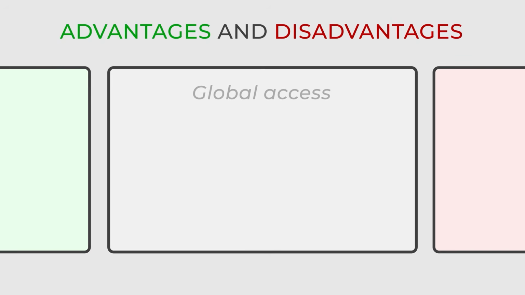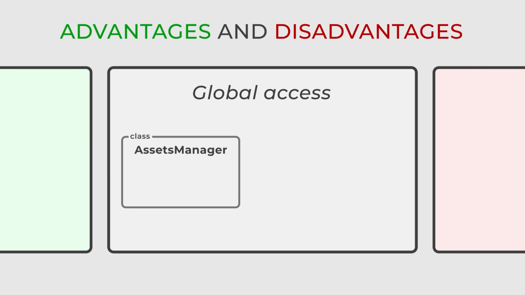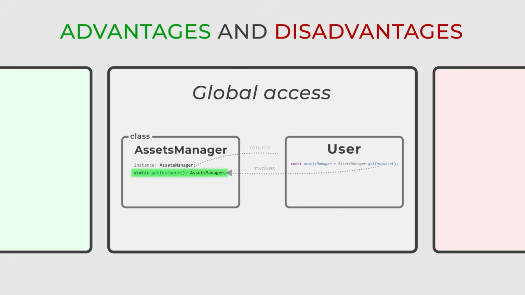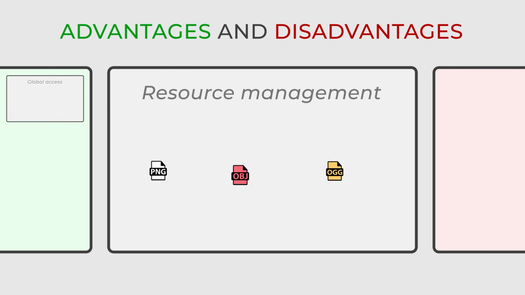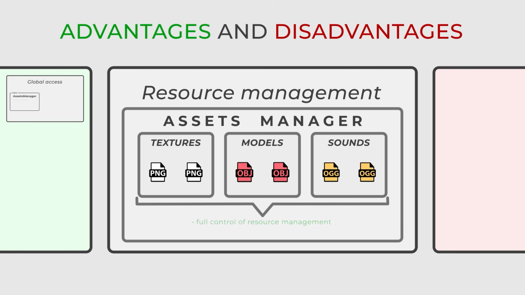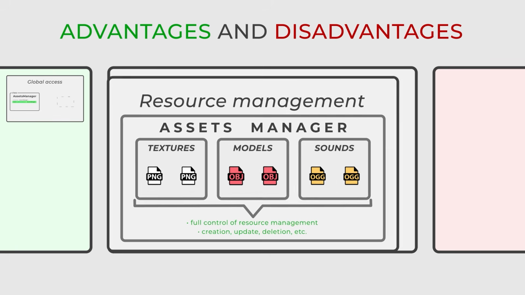The Singleton design pattern offers several advantages. One of the key benefits of the Singleton pattern is providing a single, well-defined access point to an instance, ensuring global access and making it easy to manage and use throughout the application. This design pattern also excels in resource management, as it can control the allocation and release of resources, guaranteeing their efficient use.